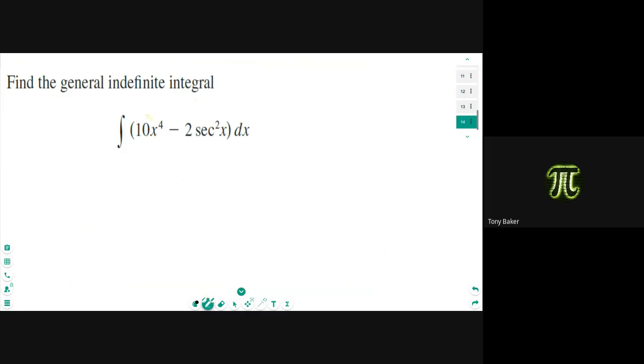All right. What's the integral of 10x to the fourth? Two x to the 5. Sorry. What's the integral of secant squared x?